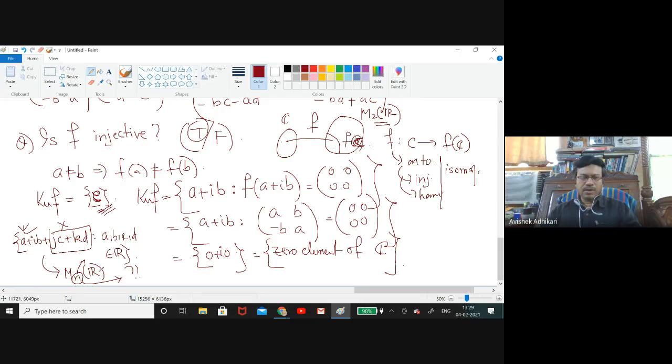For example, in the case of complex numbers, you had only a plus ib, and you embedded a plus ib into M2(R), so the value of n was 2. Now I have extended it because, as I mentioned in my earlier classes, the quaternion ring is nothing but an extension of complex numbers. So here you also have j and k.